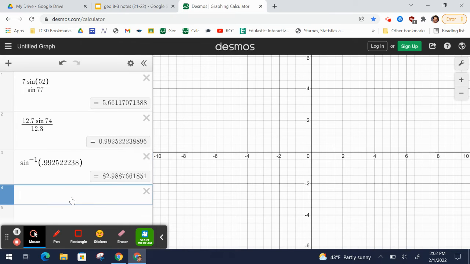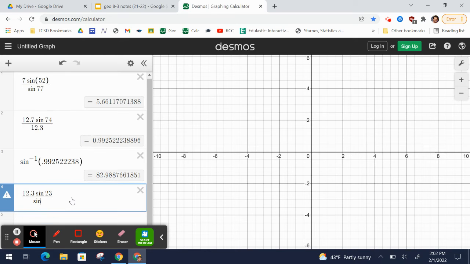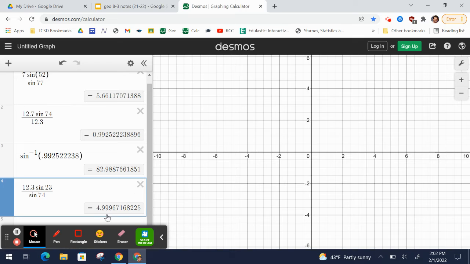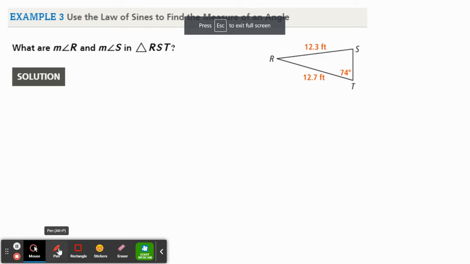Again, I'm in degree mode. So fraction 12.3 sine of 23 divided by the sine of 74. And that's 4.99, which rounds to 5. So if I go back to my problem here, so this triangle, I knew the angles.